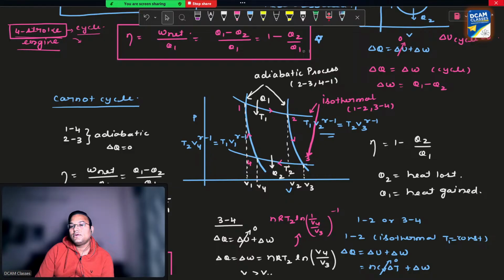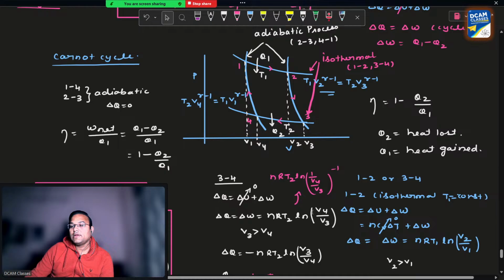Actually, the work done formula in an isothermal process is given by nRT log V2 by V1. We have derived that formula, no? nRT log V2 by V1 in an isothermal process. Now, when volume is expanding, increasing, the log value will be positive.